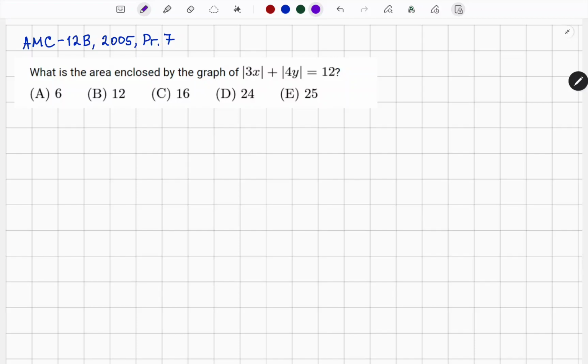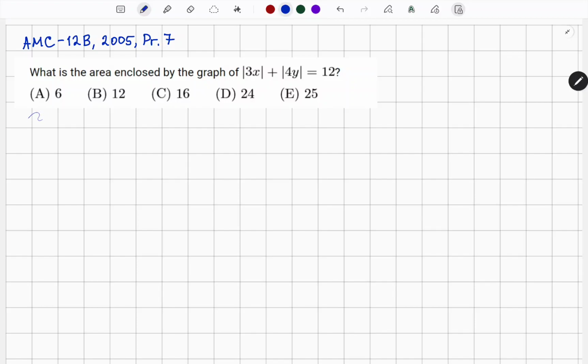Okay, it's problem 7 from 2005 AMC-12B. What is the area enclosed by the graph of 3 times the absolute value of x plus 4 times the absolute value of y equals 12?